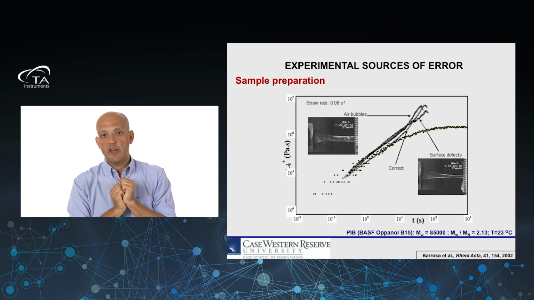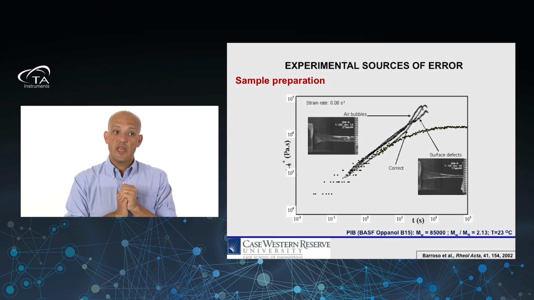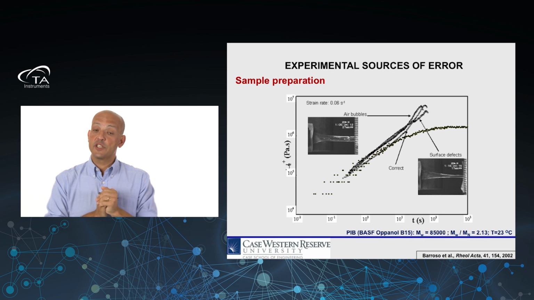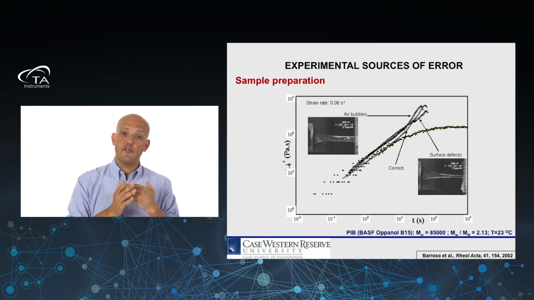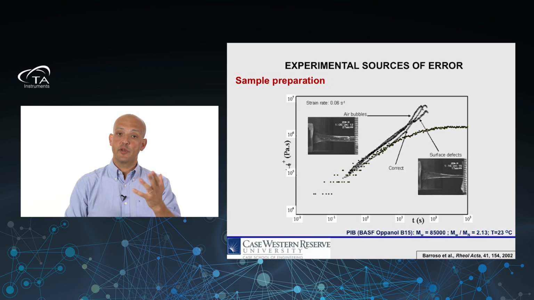And then you have the other examples, which is the sample with air bubbles inside, or a sample, for example, with surface defects. If any of that happens, you will have a significant deviation from the correct data. Those are the two curves that are completely off the mark there. And that can lead to huge problems when you're trying to model these systems.